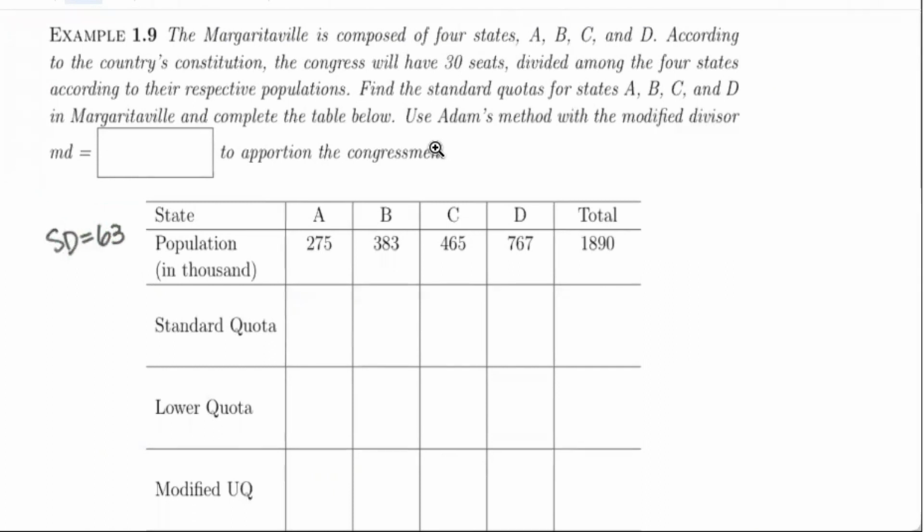Everybody divide by 63 to get the standard quota, right? So let's do it. What was the number?